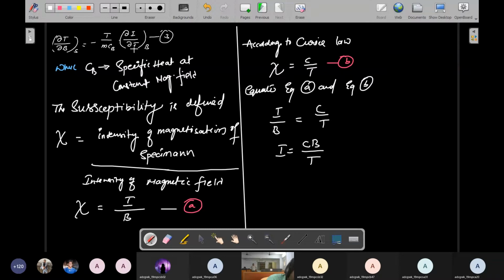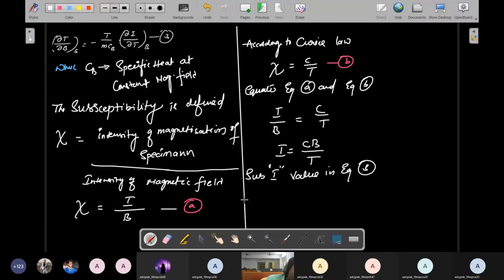Please note everybody, this is the I value actually. This I value will be substituted in equation 3.